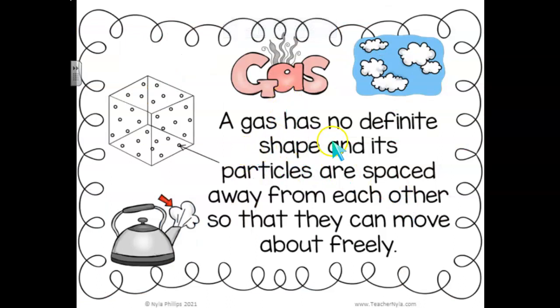Gas. A gas has no definite shape, and its particles are spaced away from each other so that they can move about freely. All right, remember, a gas will take up all the space. All right, this would be like the air we breathe. Steam, when you boil water, is also a gas.